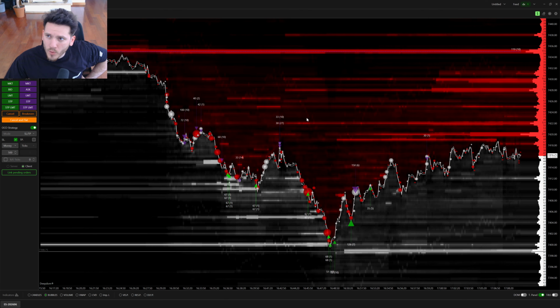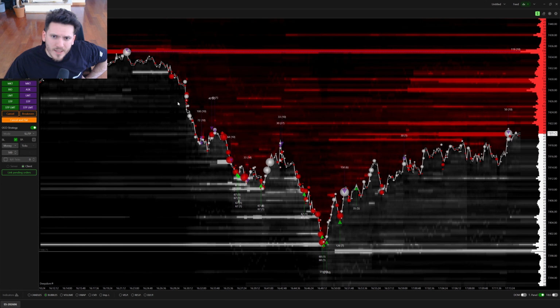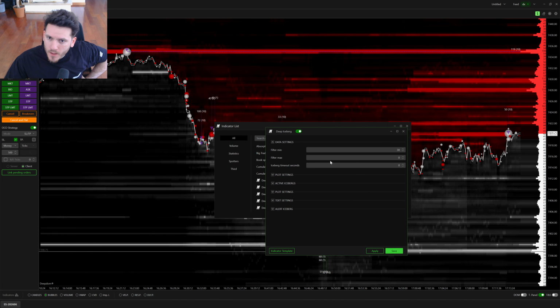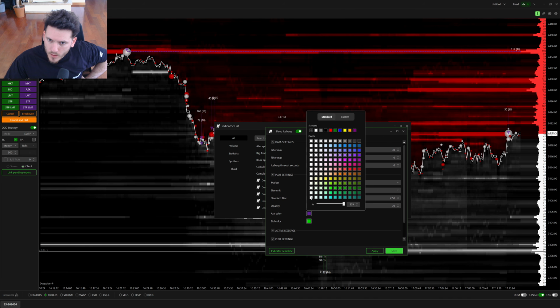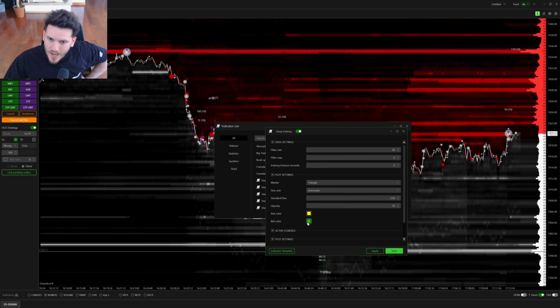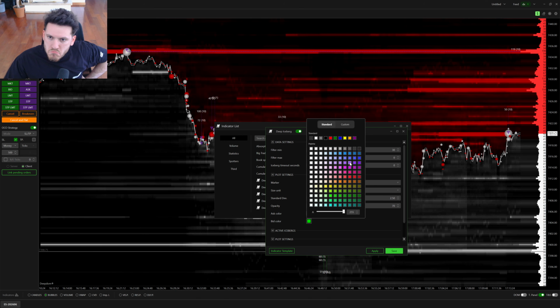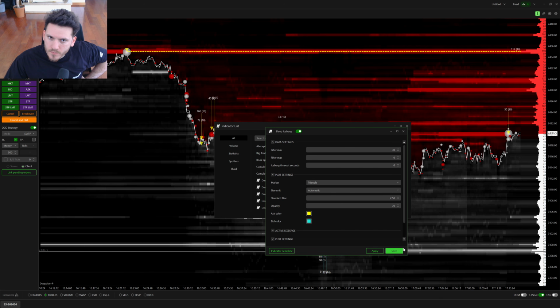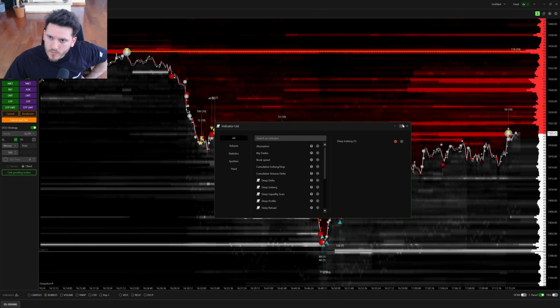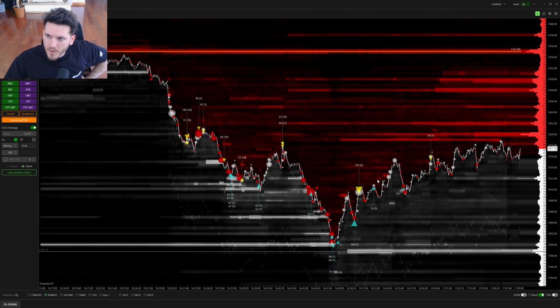And for example, I might want to go to the indicators and play around with the plot settings. Let's have it yellow and blue, like this. And there you have all the icebergs.